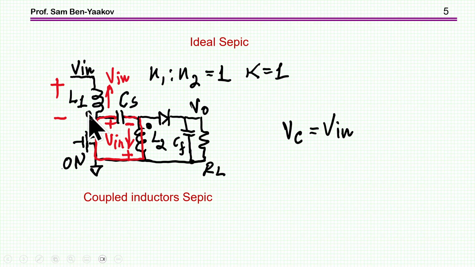And due to the dot location, there is a negative voltage here. So the capacitor is charged, or will be charged eventually, to this polarity, when the value of the voltage is V in, okay? This is the voltage of the capacitor.